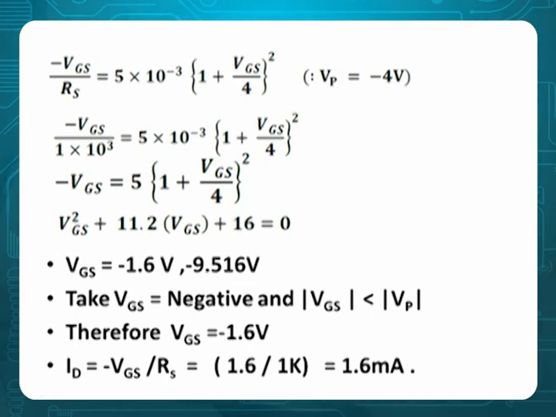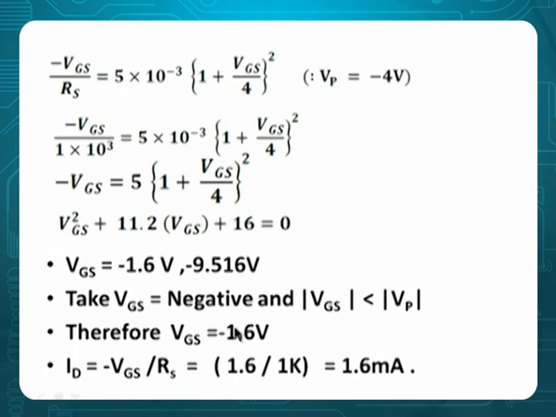Then the question comes, which one should we take? We should take a negative value. But both are negative. What should we take? We should take VGS less than VP in magnitude. So both are negative, take whichever is lesser than VP. As you know, VP is 4 volts, and this becomes 1.6 here. So the VGS value is finalized.